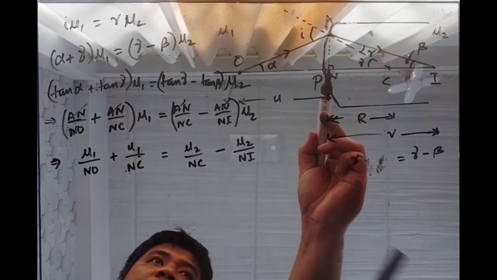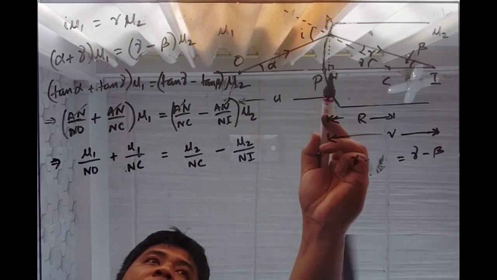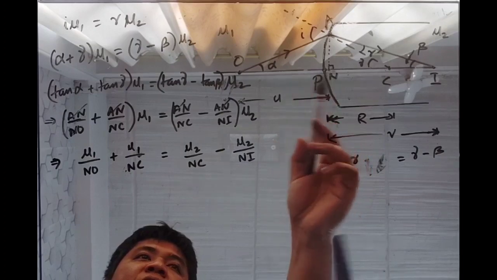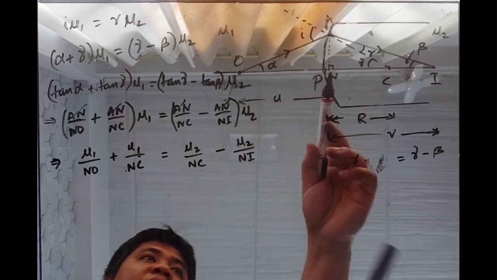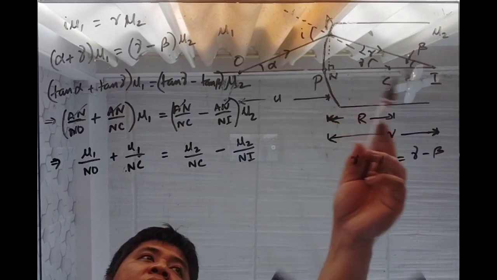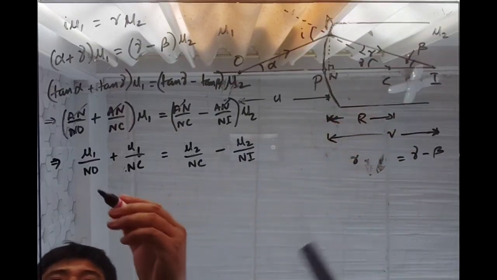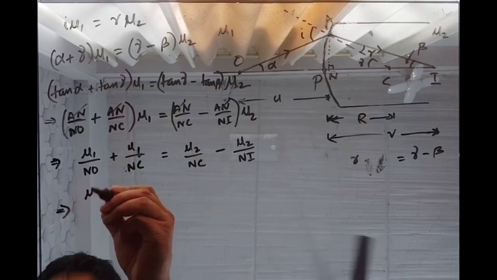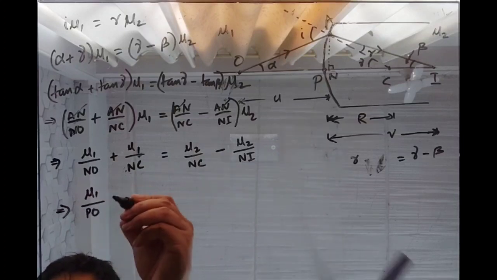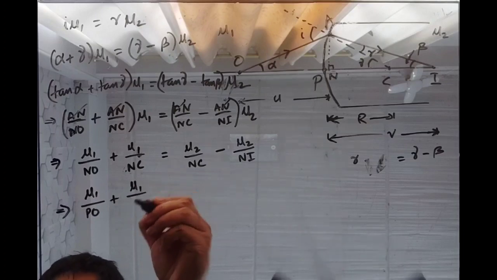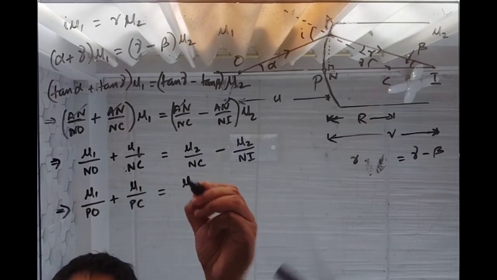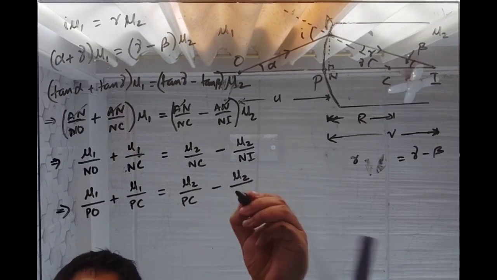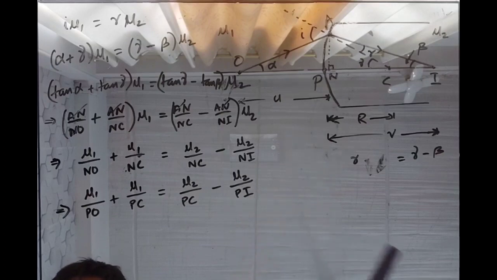P and N almost coincide, so we can replace N with P. It means NO is taken as PO, NC as PC, NI as PI. So mu1 by PO plus mu1 by PC equals mu2 by PC minus mu2 by PI.